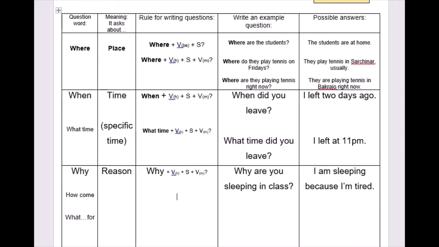Now you can do the same thing with how come you are sleeping? It's the same. And what is, you'll put for at the end, okay? So how come you are sleeping? What are you sleeping for?